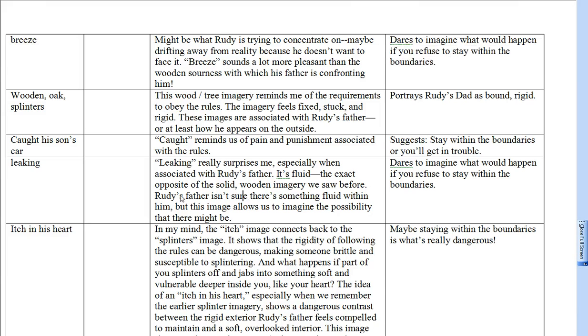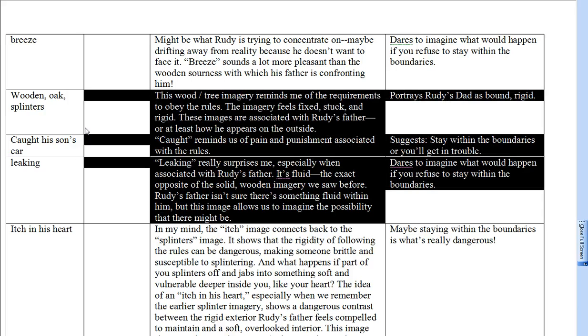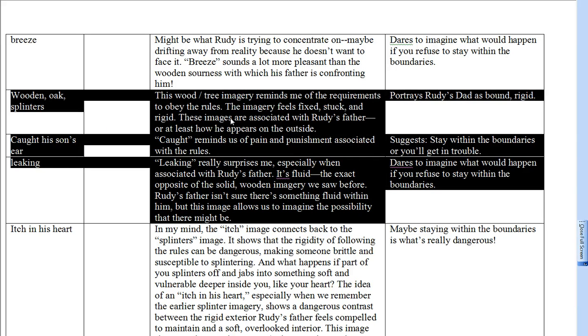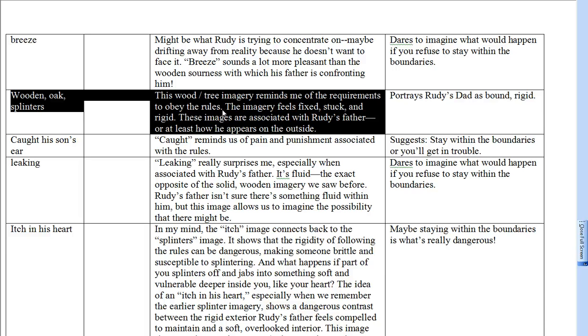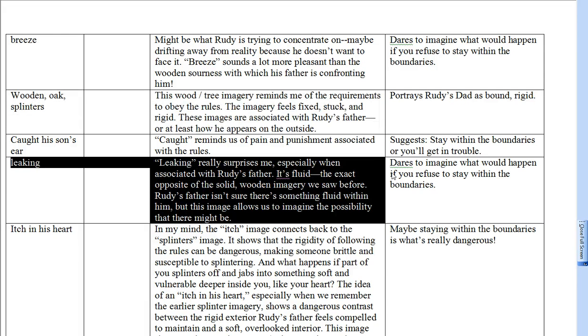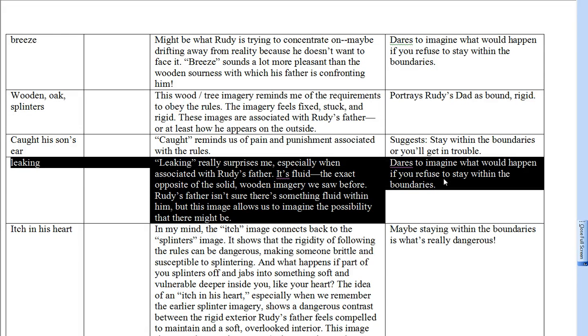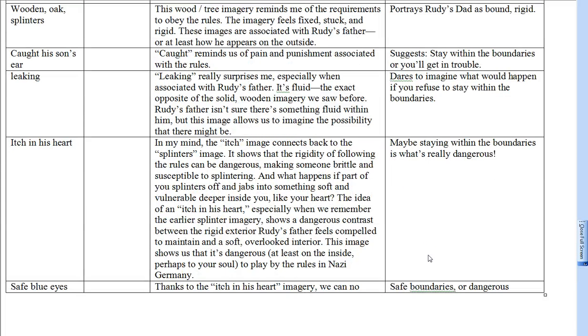Then I did the same thing with Rudy's dad, with these entries here. I noticed words like this, where my observations suggest Rudy's dad is staying within the boundaries, but then I noticed stuff like this, with leaking, that suggests there might be a possibility of somewhere on the inside, Rudy's dad starting to escape from the boundaries that he's confining himself within.